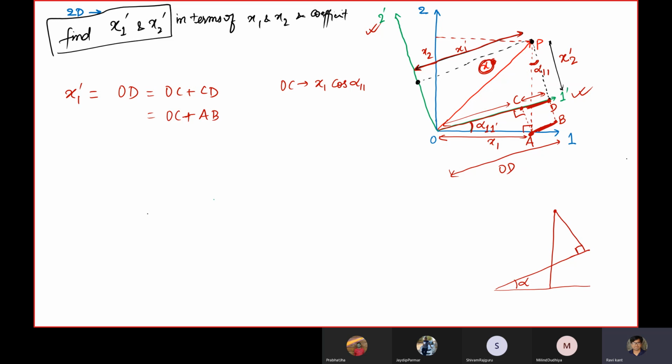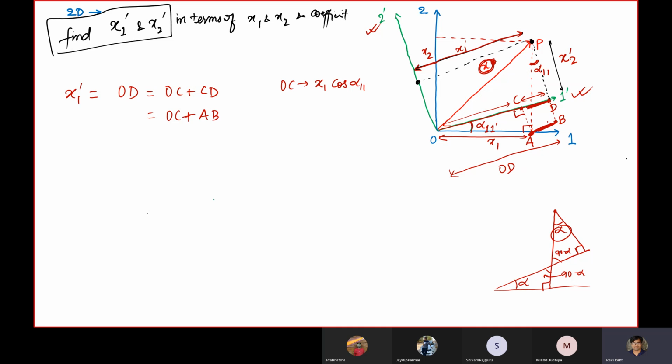I want to show that this alpha is equal to this alpha. This alpha is alpha, here is 90, so this is 90 minus alpha, and the total will be 180. Since this is 90 minus alpha and this is 90, this is again alpha. So this is how you write this alpha 11 as the same alpha 11.